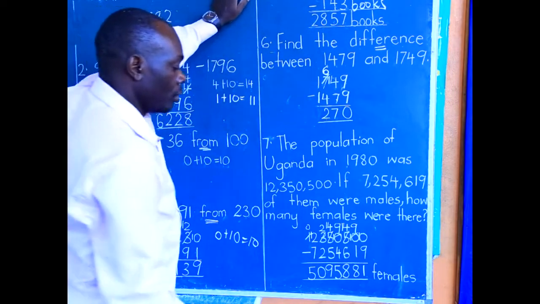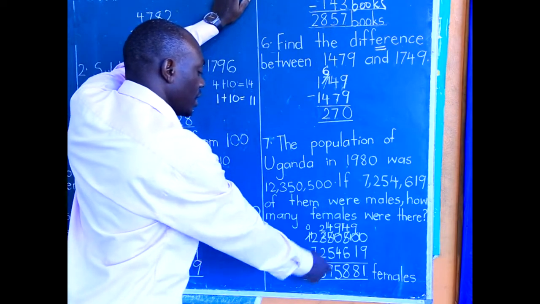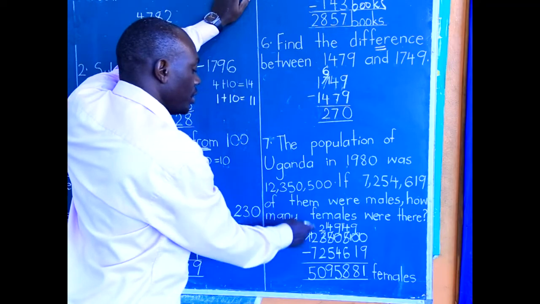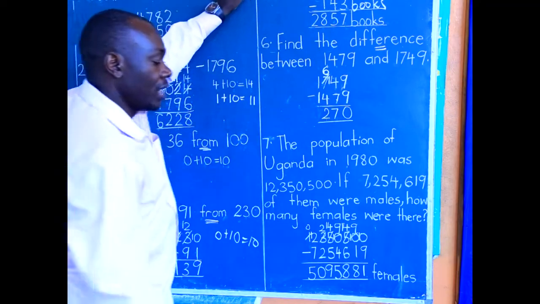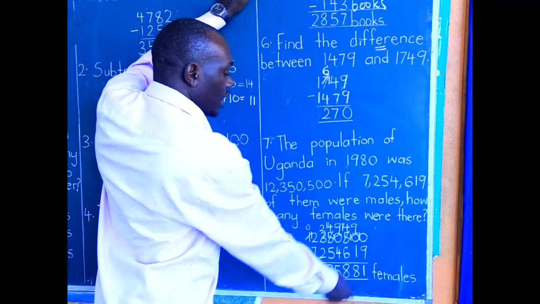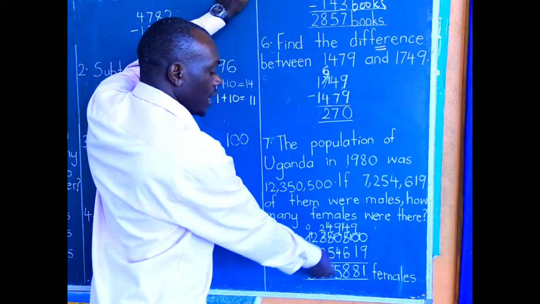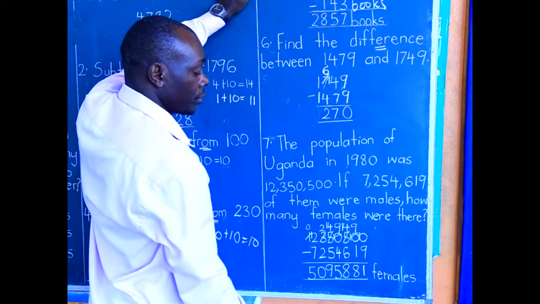And again, you order them very well, under ones, tens, hundreds, thousands, 10,000s, 100,000s, millions, and 10 millions. And now we start to subtract under ones. Now we've got 0 minus 9. It's only possible after borrowing. We can't borrow from 0, we go to 5, and borrow 1, which is equal to 10.